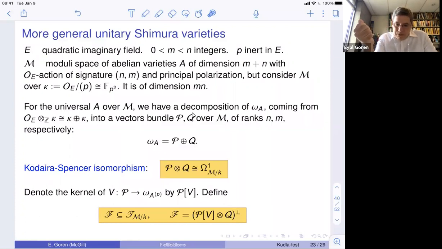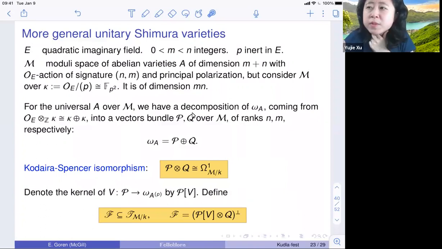But when m is equal to n, or p is split, the general abelian variety is ordinary, and this theory just amounts to the usual Serre-Tate theory, where the formal deformation space is a formal torus in which there's no preferred direction. So that's another reason why you won't get anything interesting out of it when m is equal to n or p is split.